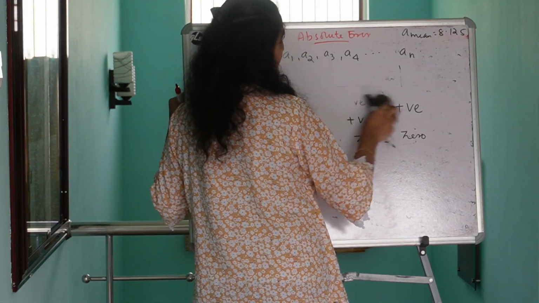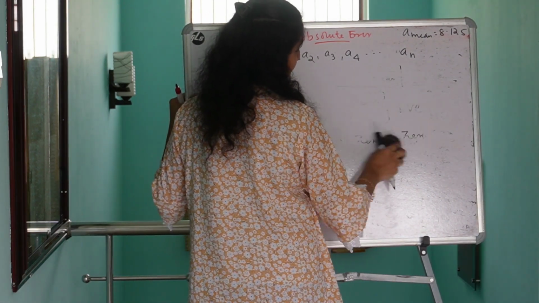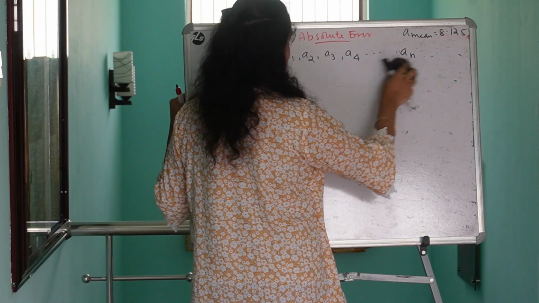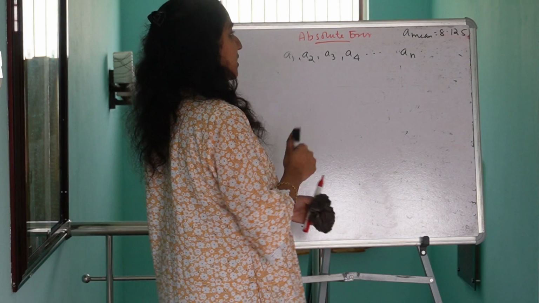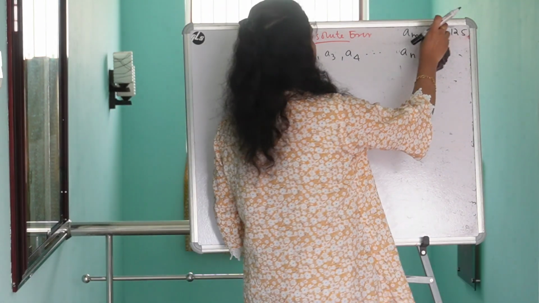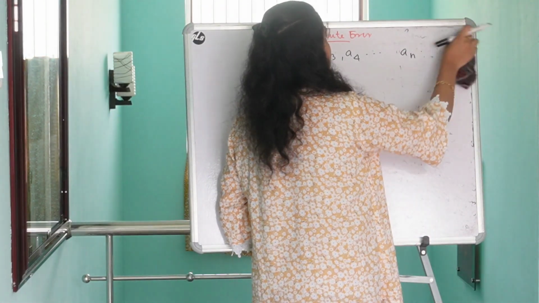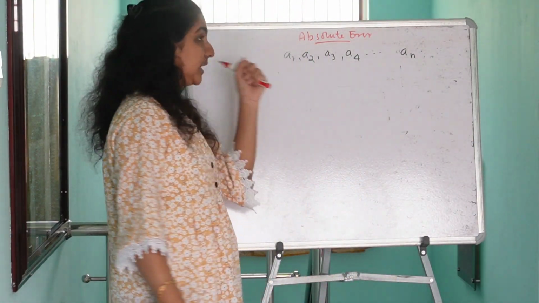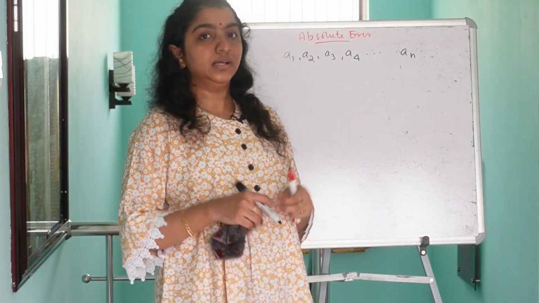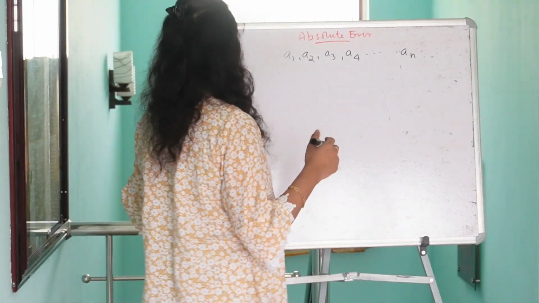So now let's see an example. Then we will discuss the next one, that is mean absolute error. Suppose I am measuring a physical quantity, here the time.